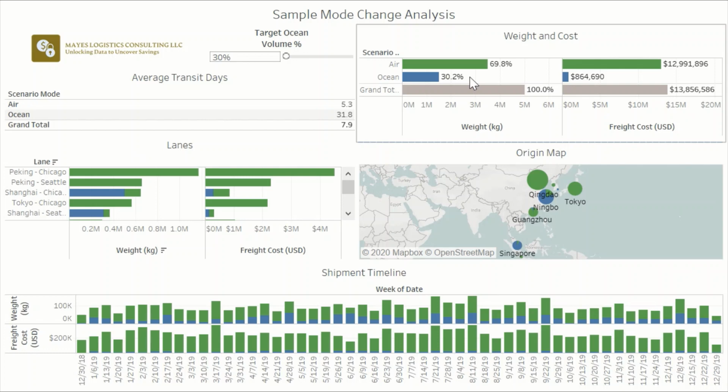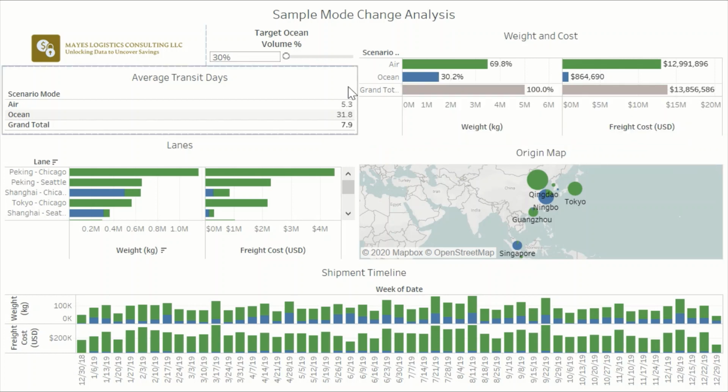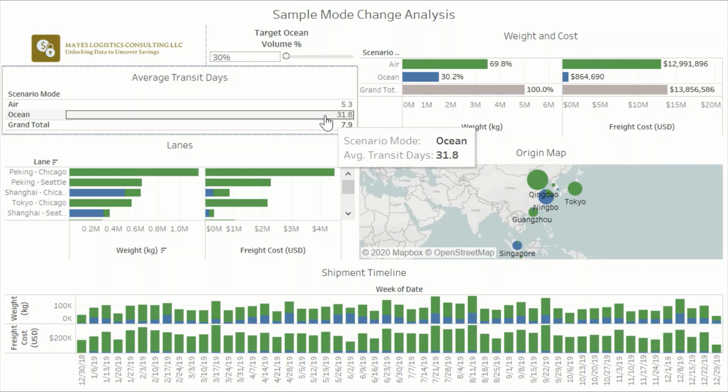So since so much of the volume is shipping via air, the average lead time is only about 7.9 days, even though for the subset of shipments that are going via ocean, the baseline lead times were closer to 31.8 days on average.